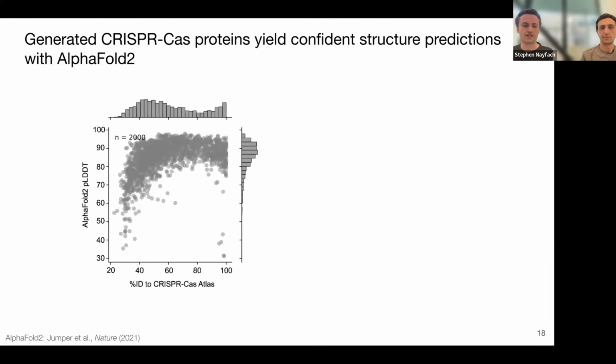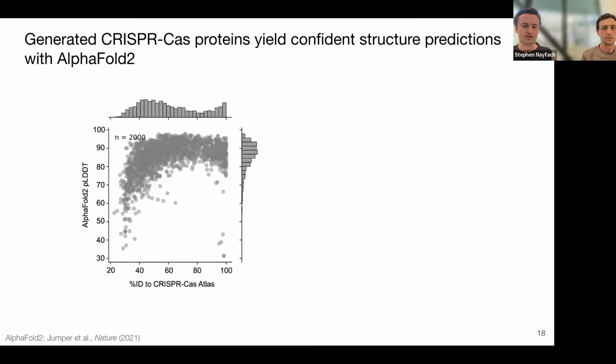The next thing we did to convince ourselves that these looked functionally complete and viable is predict 2,000 structures using AlphaFold 2. We took sequences just uniformly from the set of generated sequences from the prior slides, passed them through AlphaFold 2 with MSA inputs. And shown here is the identity to the CRISPR-Cas atlas on the x-axis.